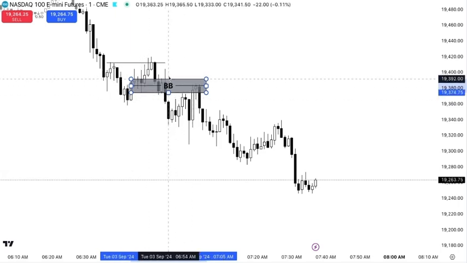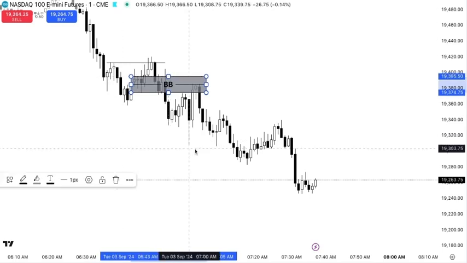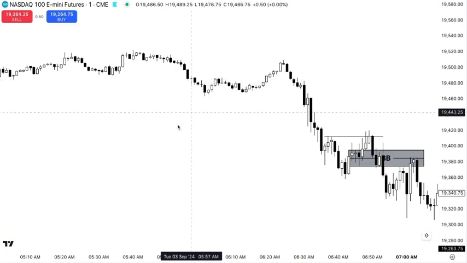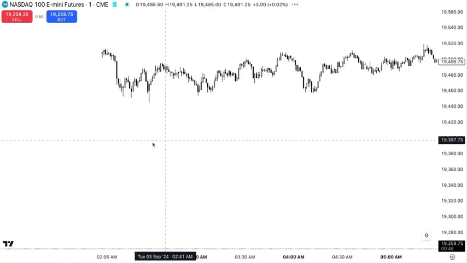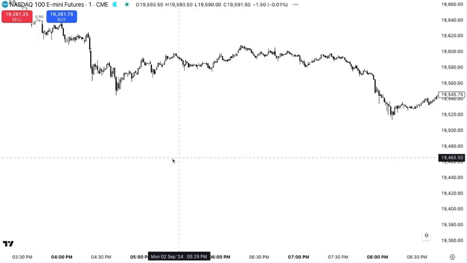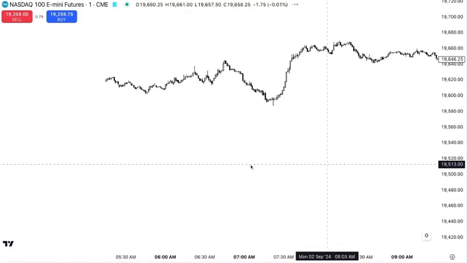So that's one example. Let's look for some other examples on the chart. Let's go to yesterday. Yesterday was actually a holiday, so we're gonna go to Friday.